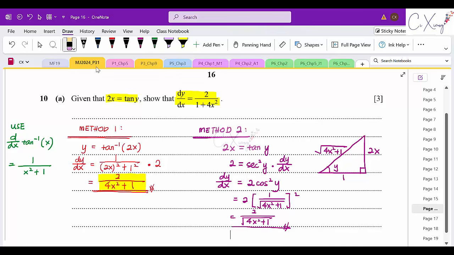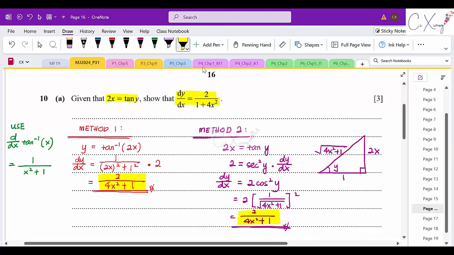Comparatively, method number 2 is more complicated because you need to draw a triangle to help you and substitute the value for cos y. For method number 1, it is more straightforward, where you have y in terms of x, then you just differentiate by using the formula of tangent inverse. This is just a small suggestion for you. If you want to use implicit differentiation, it is also a correct method.